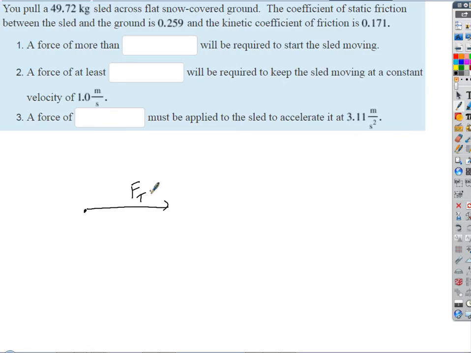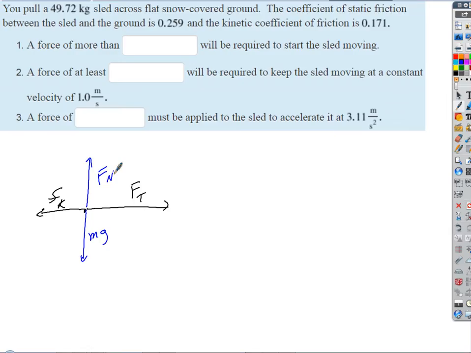Friction acting in which direction? Left. Kinetic friction. Okay, what else is going on? Gravity's pulling it down, and normal force vertically upward, okay?